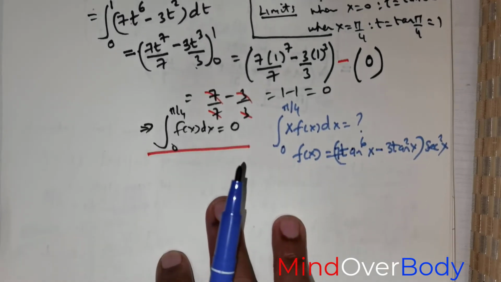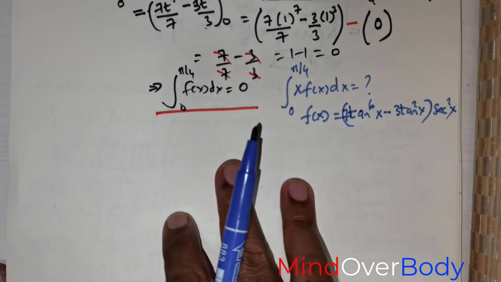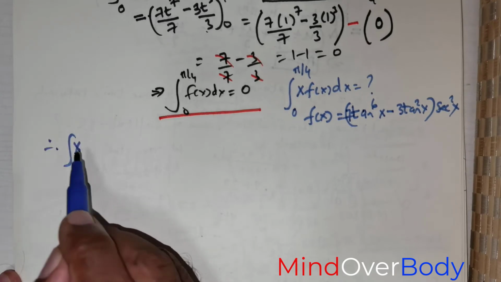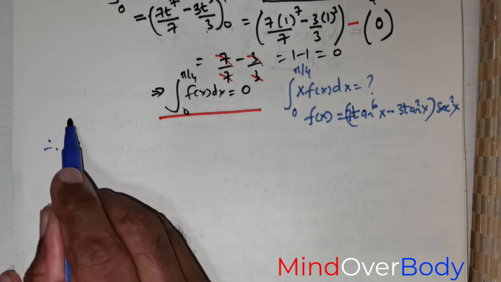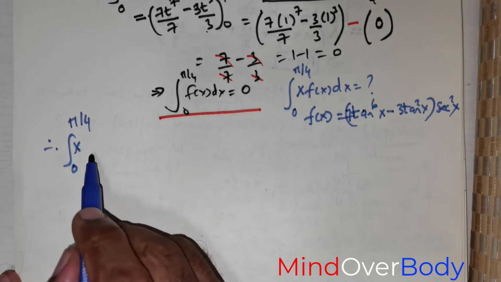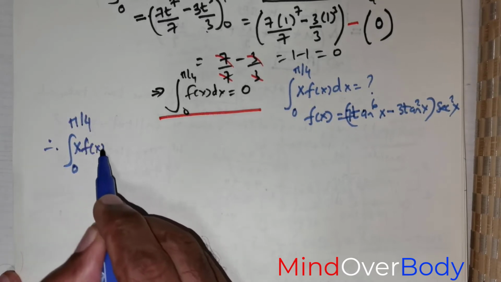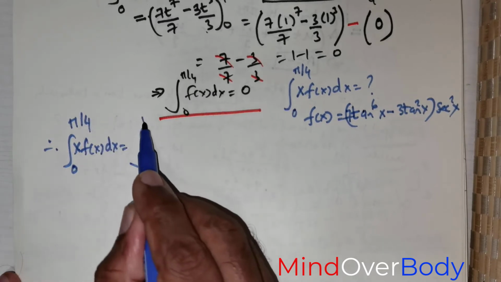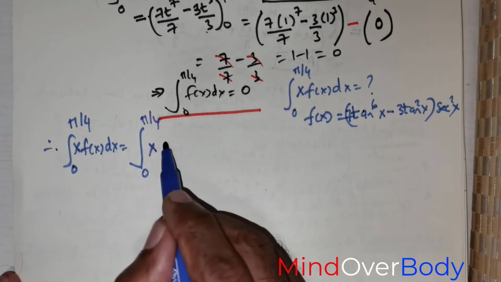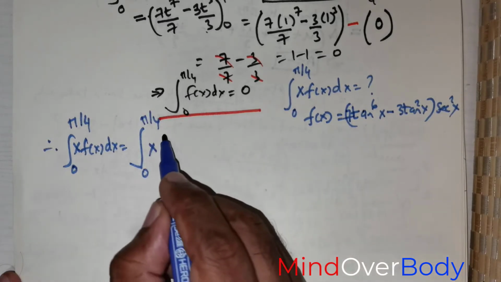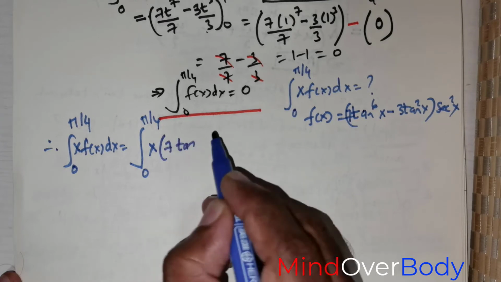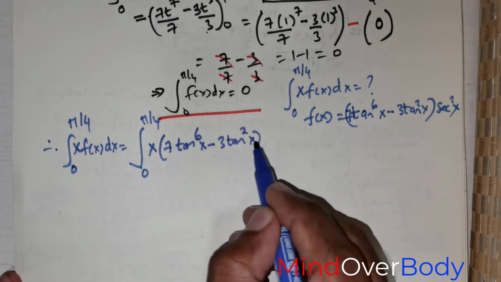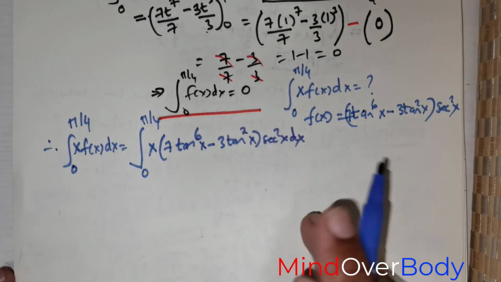So I'm going to use that. I can rewrite this required integral as follows: the integral from 0 to pi over 4 of x times f of x dx is equal to the integral from 0 to pi over 4 of x times 7 times tan raised to the power of 6x minus 3 times tan squared x times secant squared x dx.